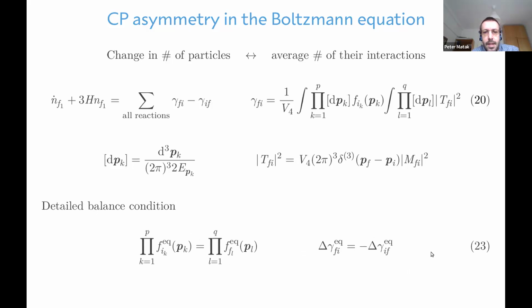For the equilibrium phase space densities, we have the detailed balance condition. If you remember, moving the first diagram to the end of the sequence, then if you write down this T squared as a product of 2 pieces, 3 pieces, and so on, thanks to the detailed balance, you can again cyclically permute them in any case.